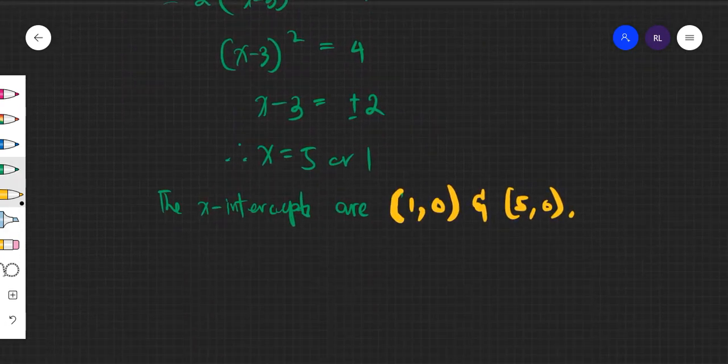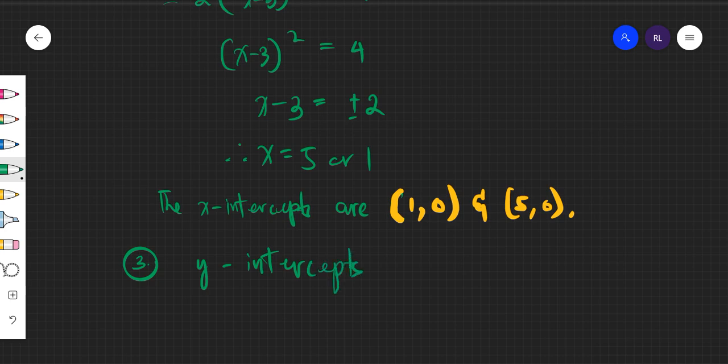So number 3 is we need to look at the y-intercept. The same principle with the x-intercept, but there's only one y-intercept.